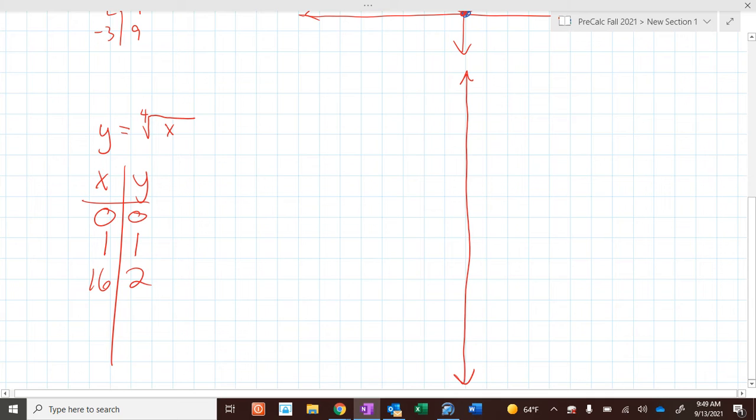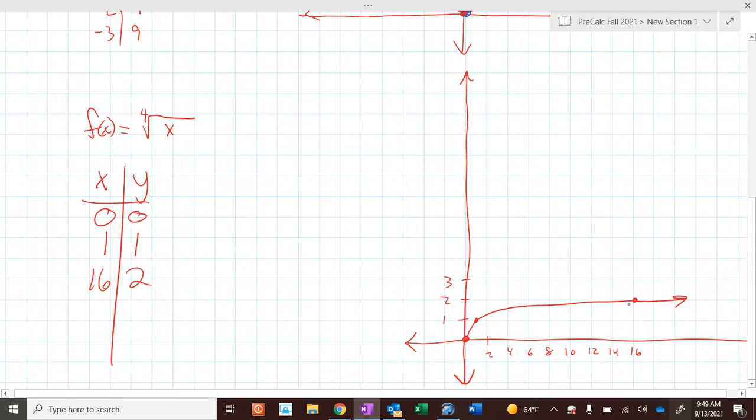So let's make it in function notation, I guess. So we go 2, 4, 6, 8, 10, 12, 14, 16. And we can go by ones here. So 0, 0, 1, 1, 16, 2 looks like this. Okay? Its domain goes from 0 to infinity.